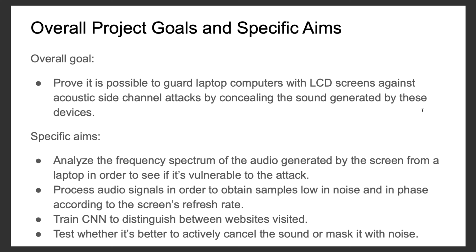So what we need is a sample that's representative of one of those cycles, and for that we need to process the signals and average some chunks in order to obtain a sample that doesn't have that much noise.